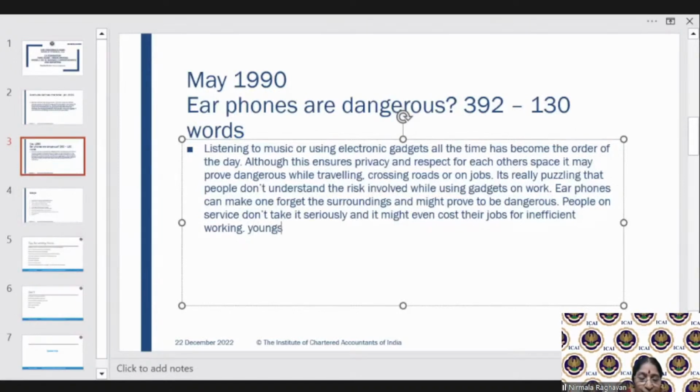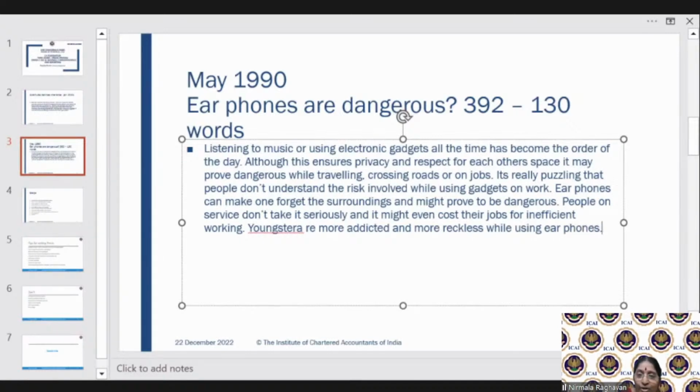Youngsters are more addicted and more reckless while using earphones.